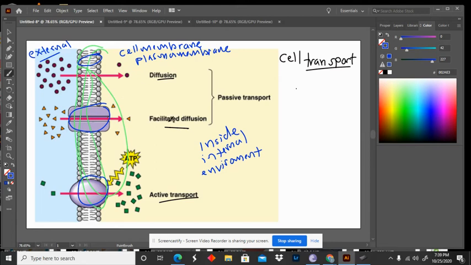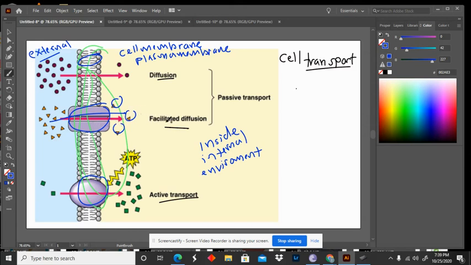Facilitated diffusion is when the same thing happens from high concentration to low concentration, but the molecules can't go directly through the phospholipid bilayer, so they have to go through a protein. It's too much detail, but they're called channel proteins, transport proteins. They are proteins on the surface of the cell, and they're like little tunnels where the substances go through, and then the molecules go into the cell.